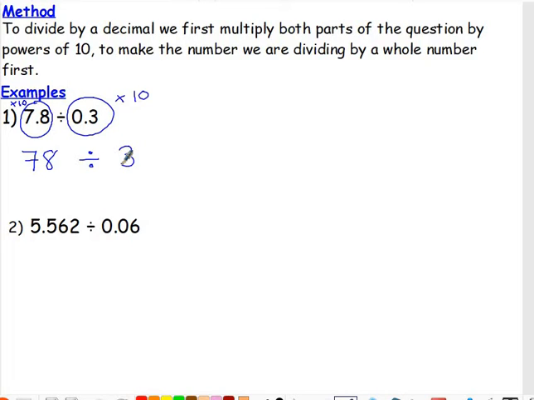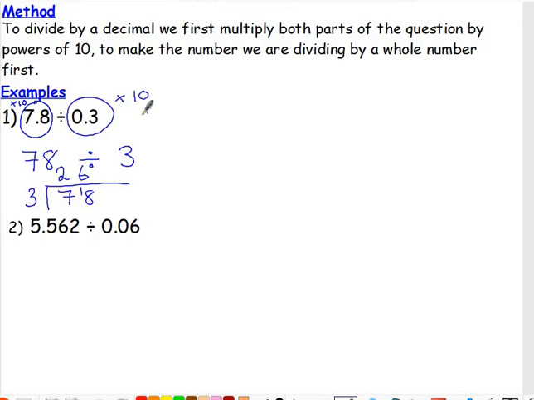If we're unsure at this stage, you can do it in your head, but I would always advise to do a bus stop. 78 is the number we're dividing, so that always goes inside, and then we're dividing by 3, so we go outside. 3 goes into 7 twice with a remainder of 1. 3 goes into 18 6 times.